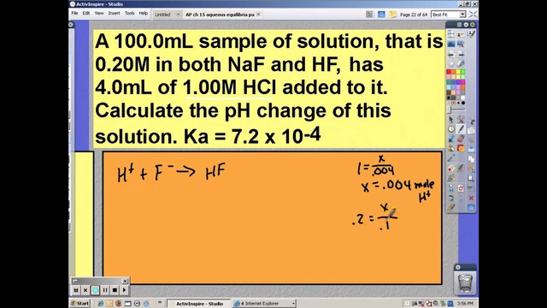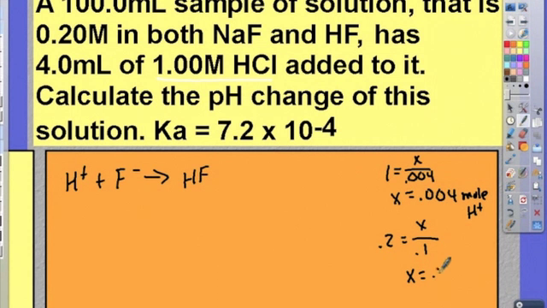And then we have 0.2 molarity and 0.1 liters of buffer. So that's 0.02 moles of HF and F ion. Plug those in. React to completion.